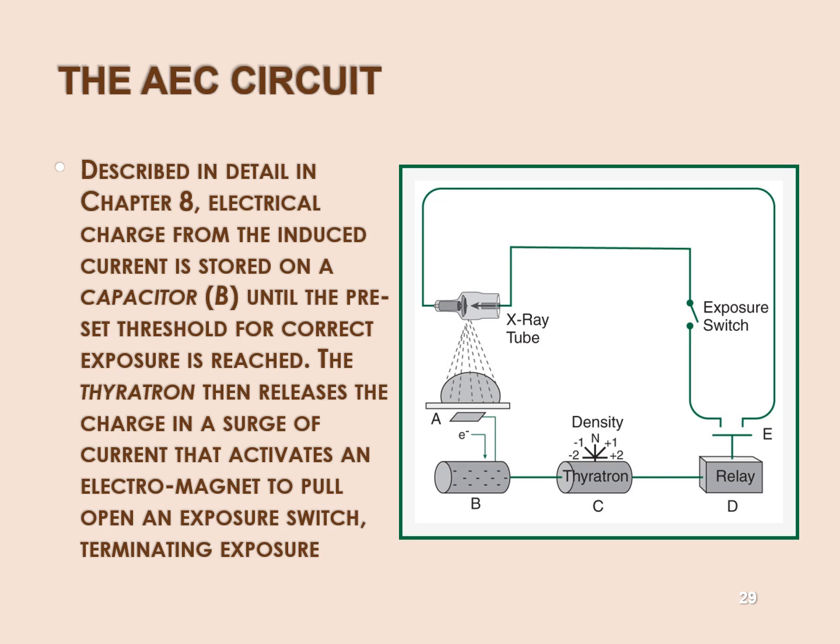So, electrical charge from the induced current in the ion chamber is stored at what I call the ballast capacitor. Okay, what is it ballasting? It's being a counterbalance to the capacitance at the thyratron, until the preset threshold for correct exposure is reached.